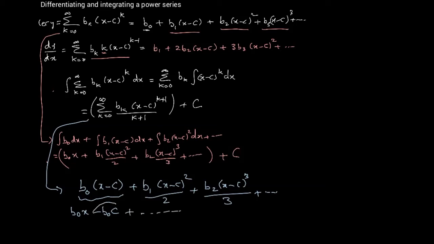What is this? This is a constant. So you see this constant here, and this constant here. All I have to do is say that one is c1 and that is c2. Essentially both are constants, and that's all we add at the end anyway. So they are actually the same. This is how you can integrate term by term any power series.